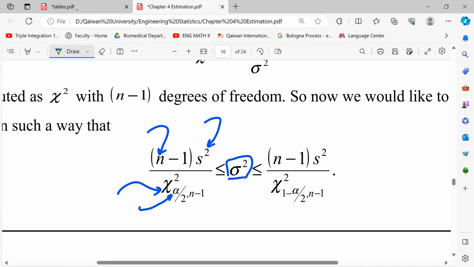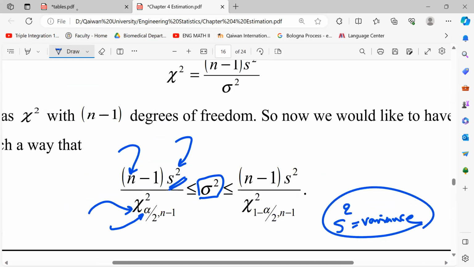Alpha is always given in the example and must be given, because without having a sample size, we don't know what to do. We must have the sample size, which is n, and s squared is variance. Even if we are given the standard deviation s, squaring it, we get variance.